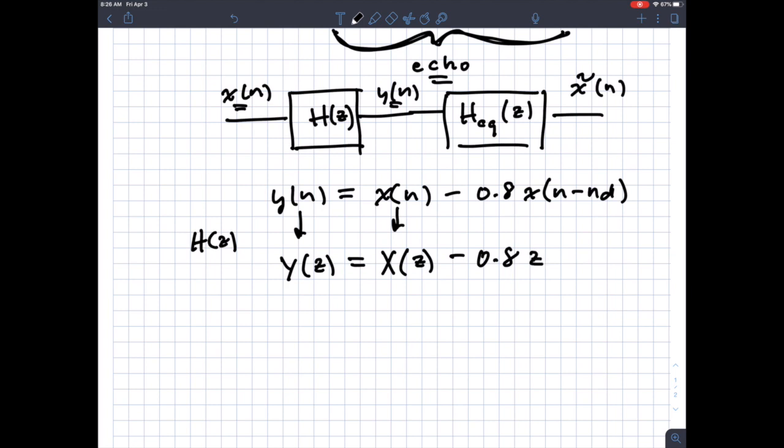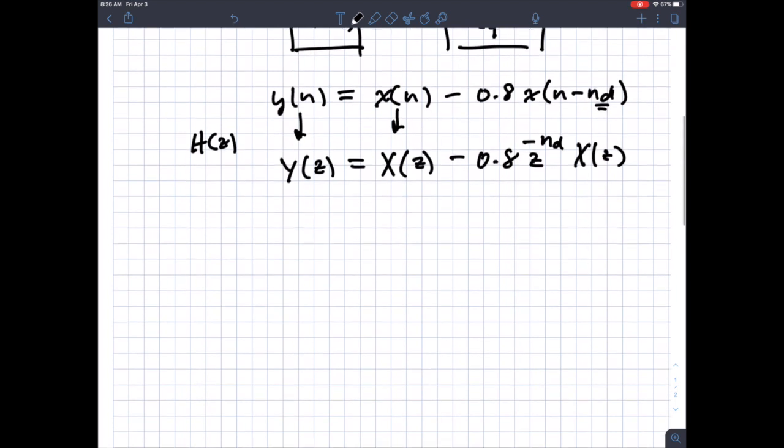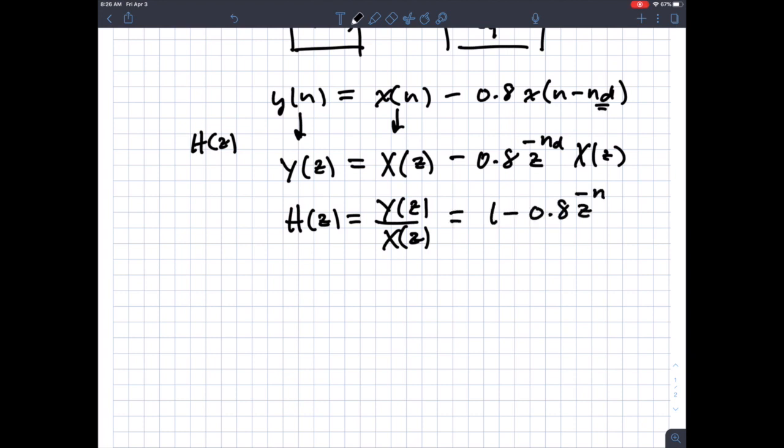The transform of a delayed signal is z to the minus delay term, so z to the minus nd times x of z. From that we can solve for h of z as y of z over x of z, and we get that it's 1 minus 0.8 z to the minus nd.